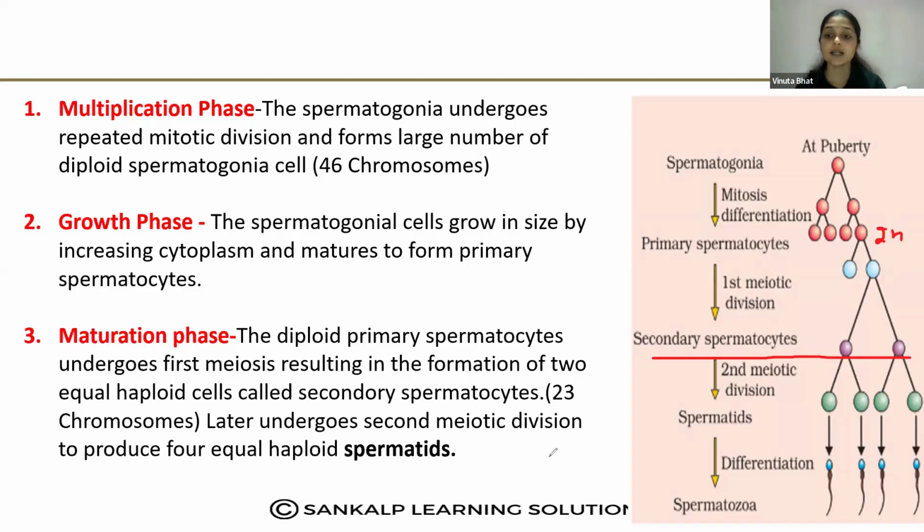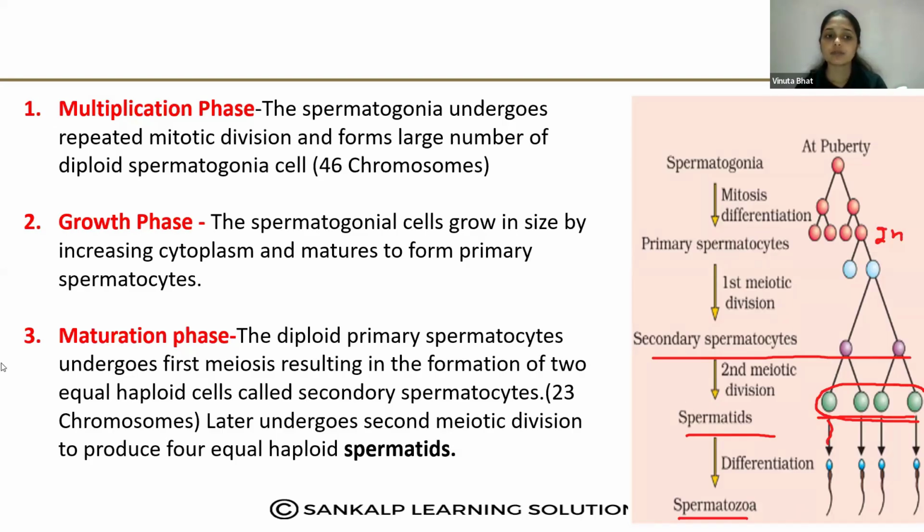Then these secondary spermatocytes complete the second meiotic division, meiosis 2, and form four spermatids. So at the end of spermatogenesis, four haploid spermatids are produced, and the spermatids undergo structural differentiation and form the spermatozoa, which is nothing but the sperm.